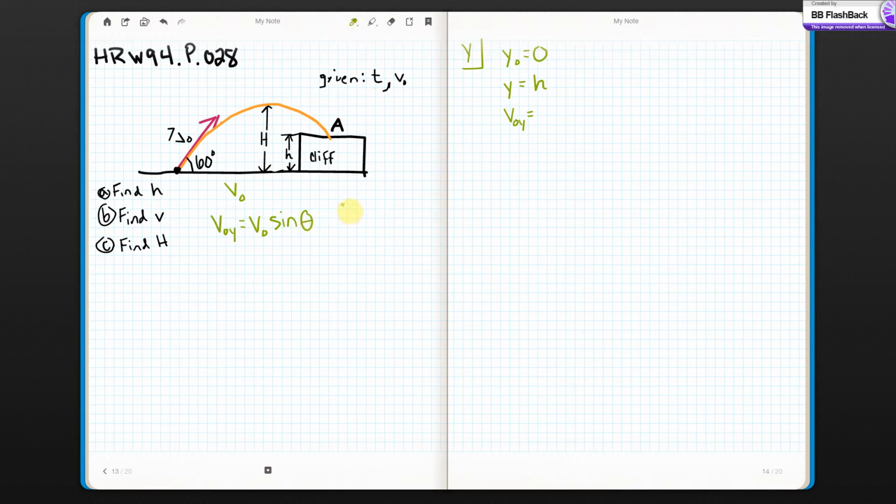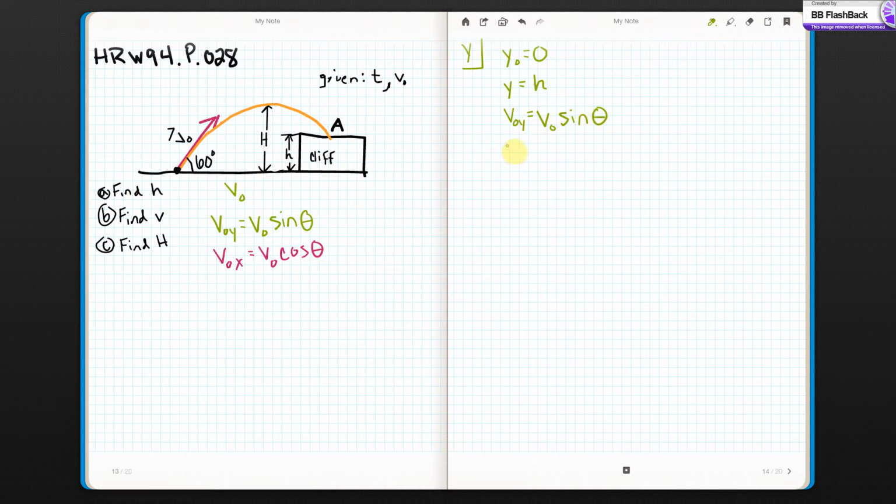In this case, theta is 60 degrees. Whereas the x would be the launch velocity times the cosine of theta. So the initial velocity in the Y direction is initial velocity times the sine of theta, both of which I know, so I could get a number for this.